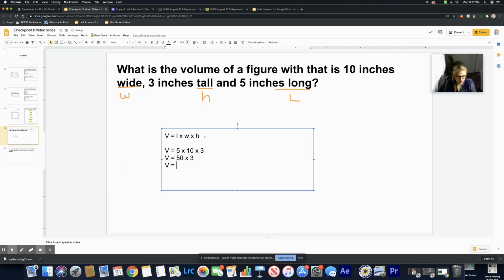So volume equals, if I know 50 times 3, I'm going to do that over here, lining it up by the ones place. 3 times 0 is 0. 3 times 5 is 15. So my answer for volume for this figure is 150 cubic units, or 150 units cubed.